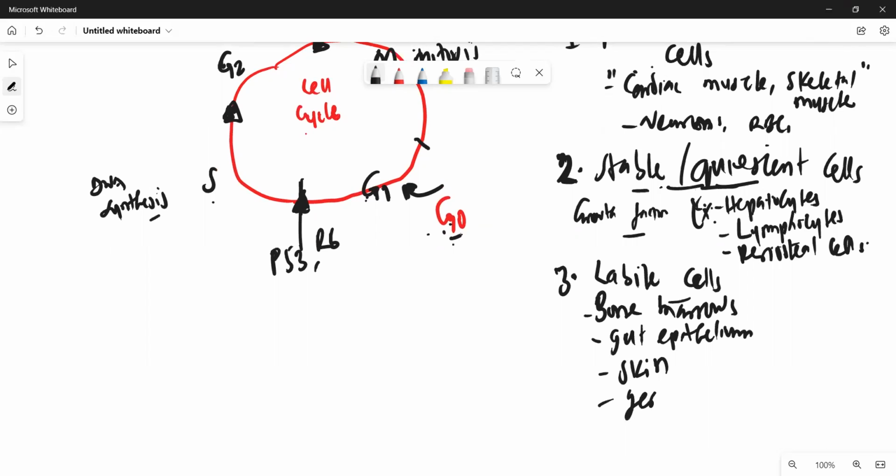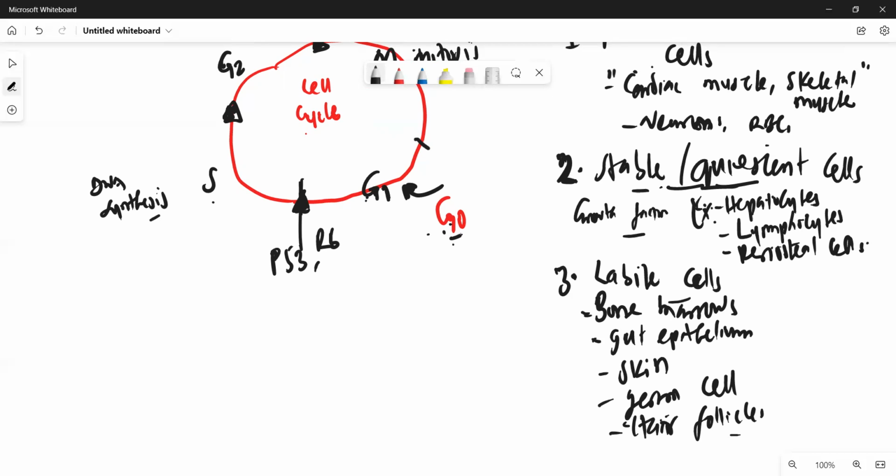Germ cells are also part of this. Hair follicles are also part of it. Because these cells are constantly dividing in the cell cycle, they can only undergo what? Hyperplasia. So they can divide and increase in number, because they have that potential to divide.